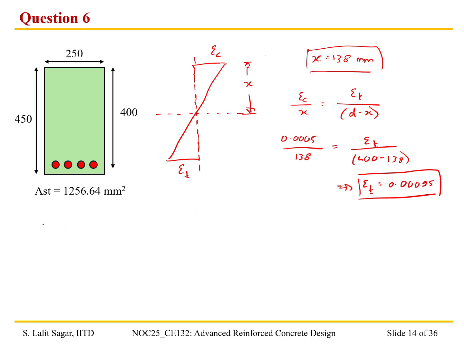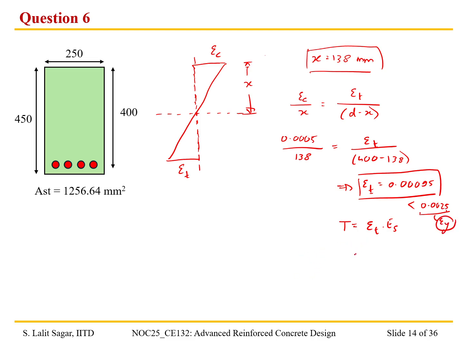Now let us calculate what would be the corresponding tensile force. Okay, P is equal to epsilon t into ES, because this is still in the linear range, that is less than 0.0025, which corresponds to epsilon y, or the yield strain.